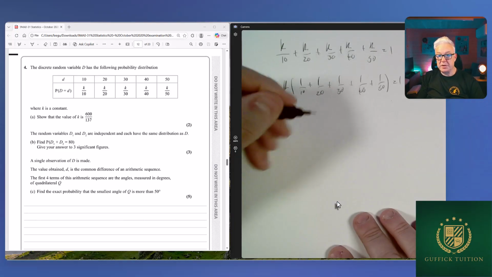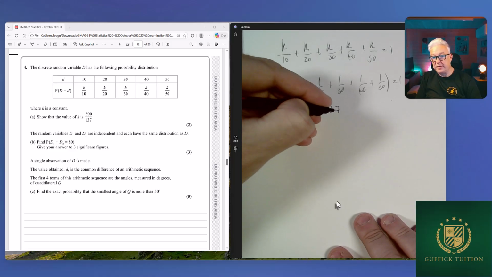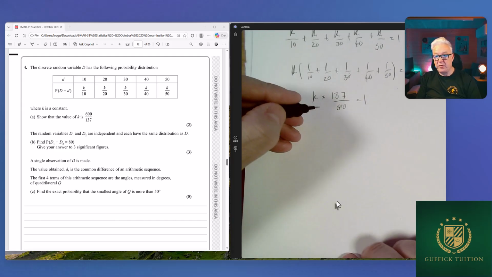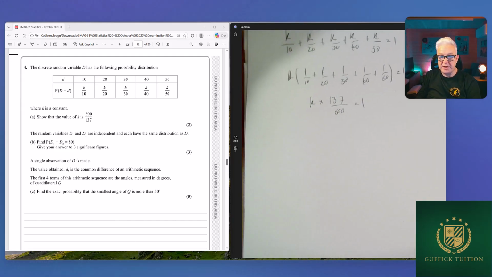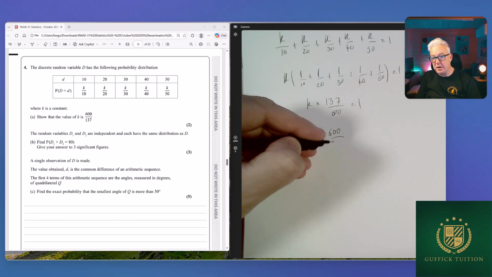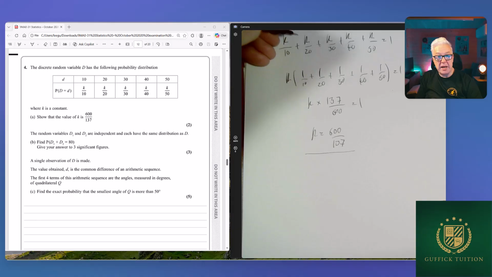So in other words, we have k times 137 over 600 is equal to 1. Therefore we times by 600 and divide by 137, and we have that k is equal to 600 over 137, as required. So that's our part A done.